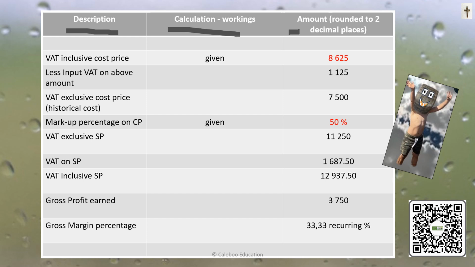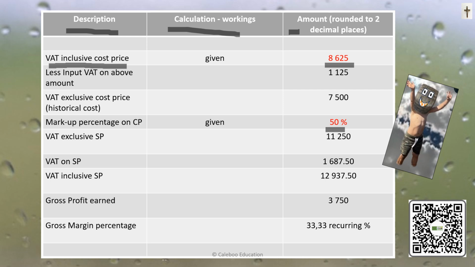Now what is happening here is we're given the VAT inclusive cost price of 8625, and we're given a markup on cost price of 50%.